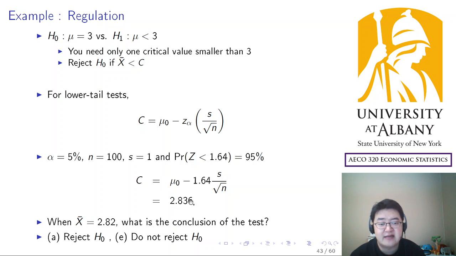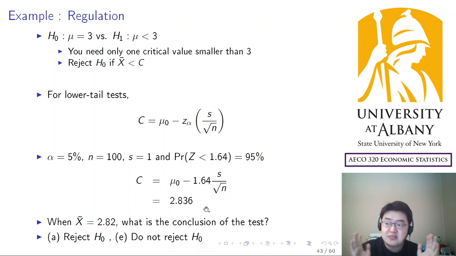It means that the product was labeled as 3 pounds, but you are punishing if the sample mean of 100 random products was smaller than 2.836. So you do not punish between 2.836 and 3.